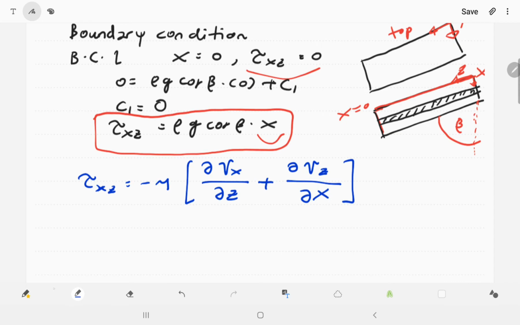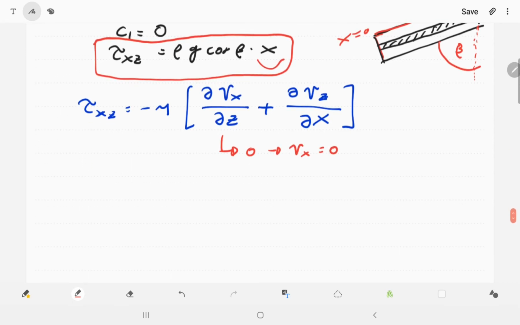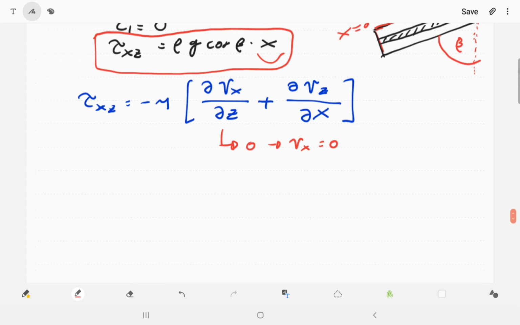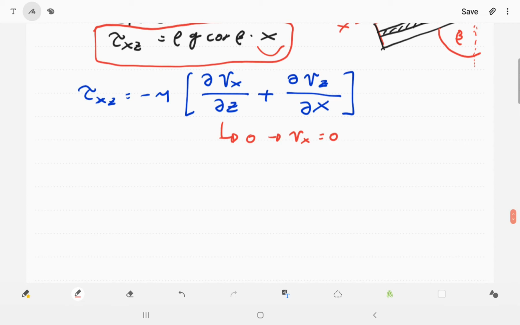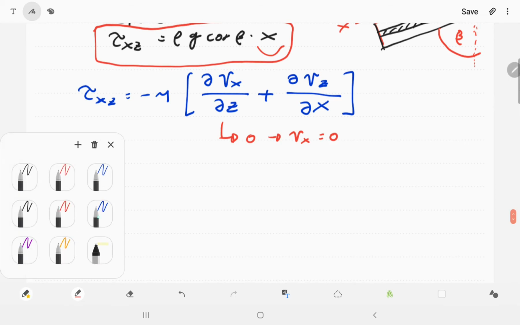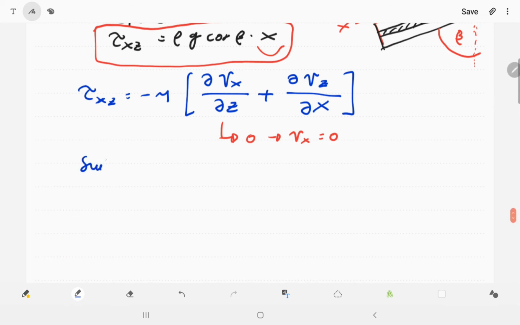Now remember that the first term in here is 0 because Vx is equal to 0. The fluid does not move in the direction of x, so that's why the velocity is 0.